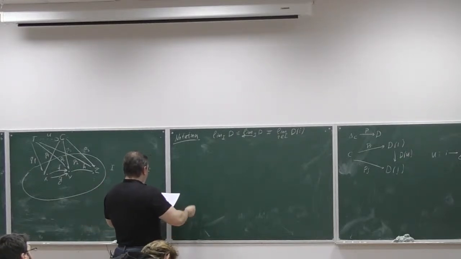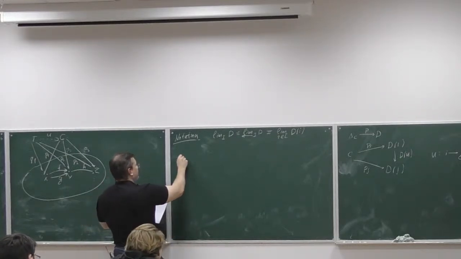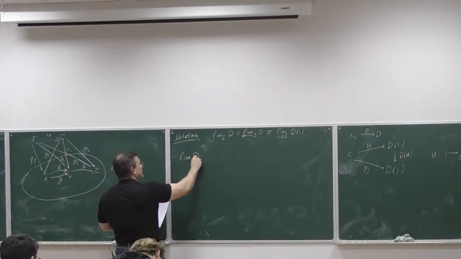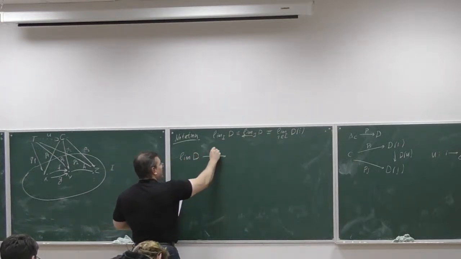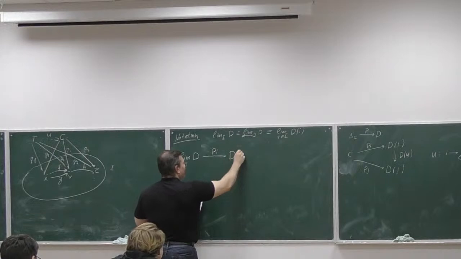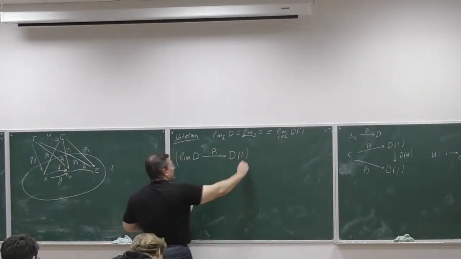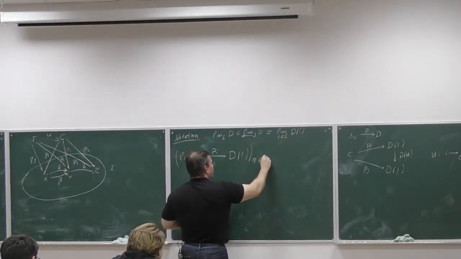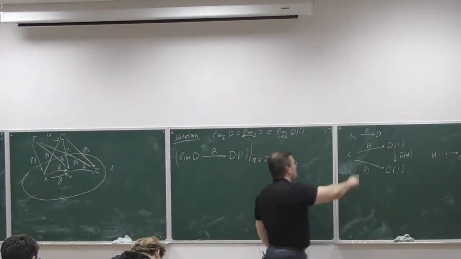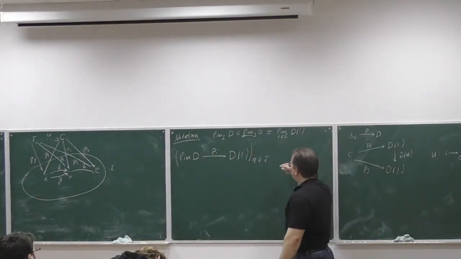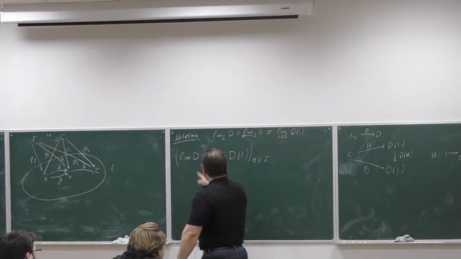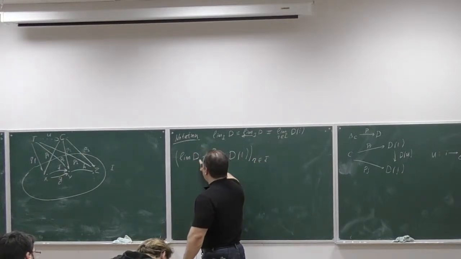My personal favorite notation is the following. I'm writing limit D as an object, and then I write projections, and then parameterize everything by the I. So it's a little bit longer than just this short formula, but you can see everything. What's an object? Usually you don't write lim like this.